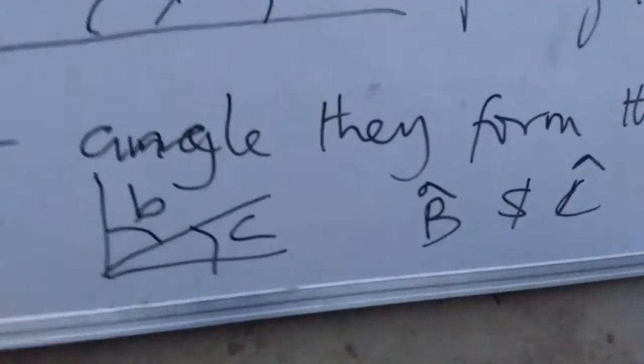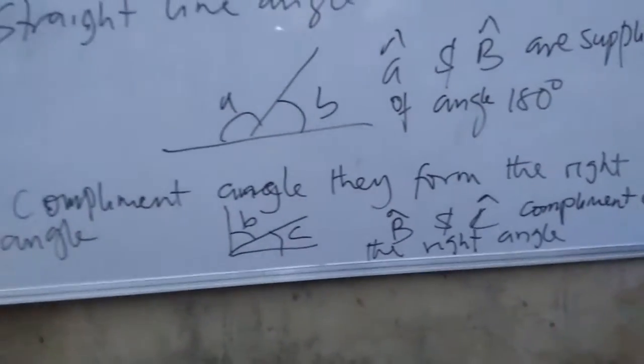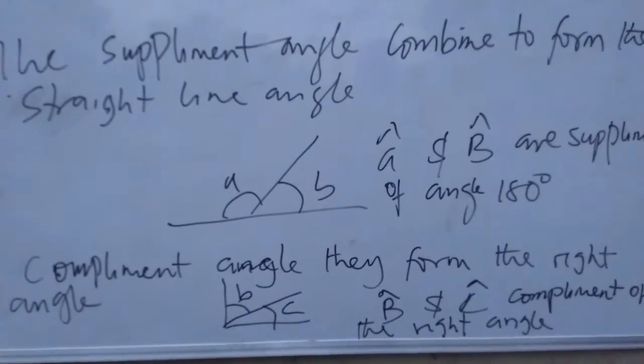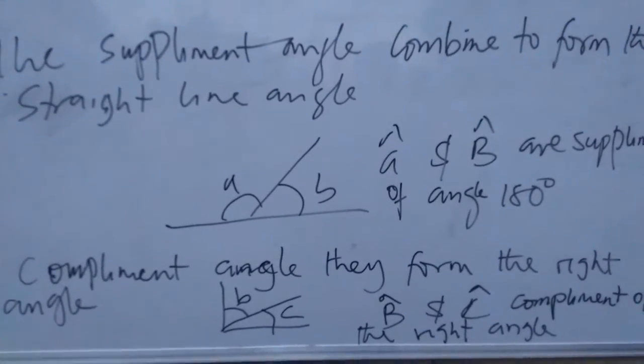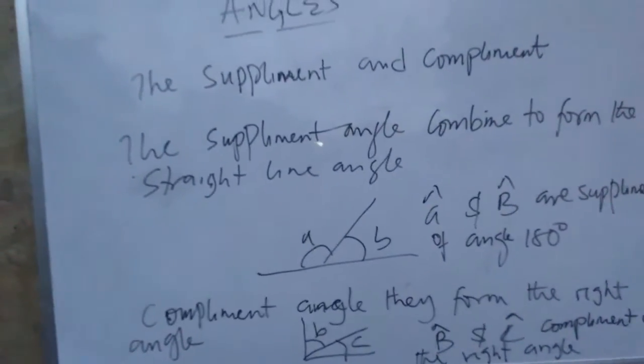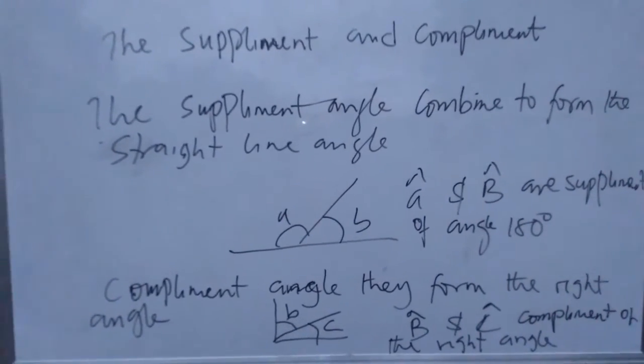Angle B and angle C are a complement of the right angle. So when you hear of complement angles, there are two angles that combine to form the right angle. Then supplement angles are two angles that combine to form the straight line angle, which is 180 degrees.